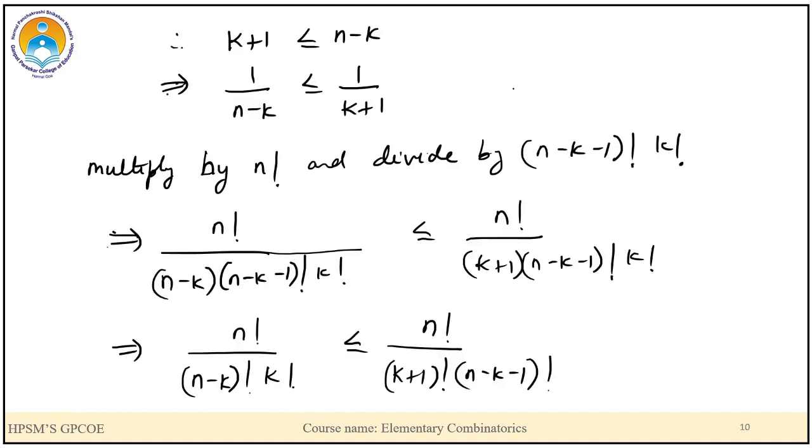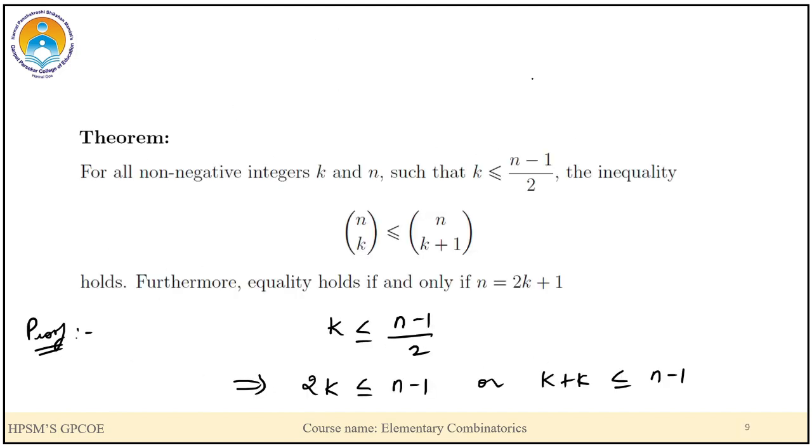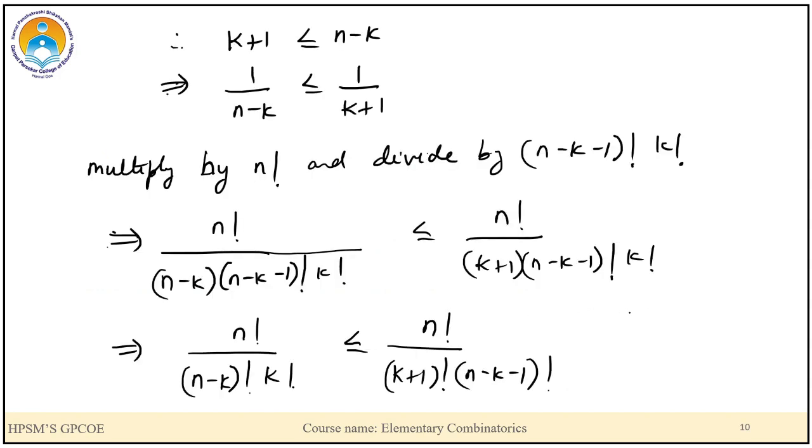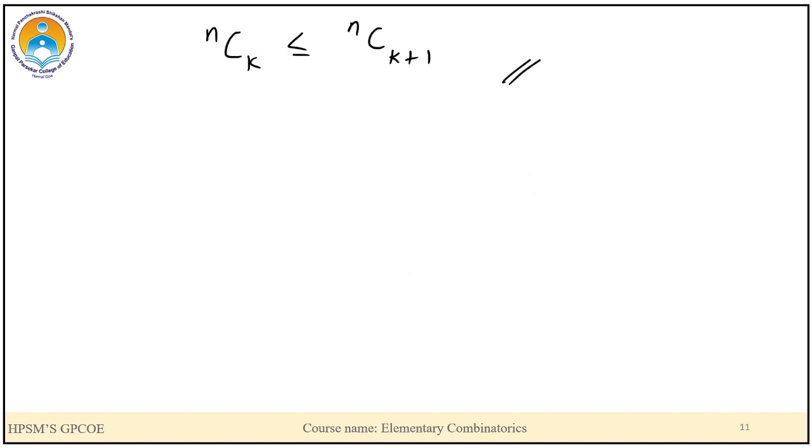Now, in the inequality, it is further stated that equality holds if and only if n is equal to 2k plus 1. Which is quite obvious, because if n is equal to 2k plus 1, then I will have (n minus 1) upon 2 equal to k, which is actually the starting step of my proof, but with an equal to sign. So nothing changes at all in the proof except for the inequality sign. The inequality becomes equality in this case.